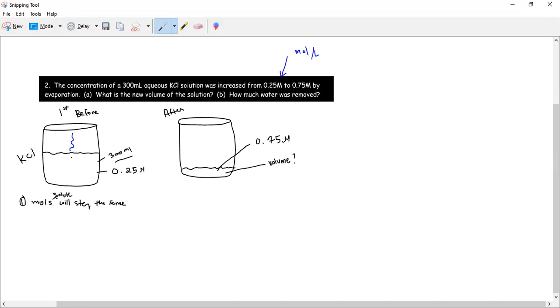If we have salt and we put it in water, when the water evaporates, you still have the salt. The salt doesn't evaporate. So the amount of moles of solute stays the same. It's consistent before and after. The volume has changed, and in fact, that's what we're being asked, which is of course the volume.